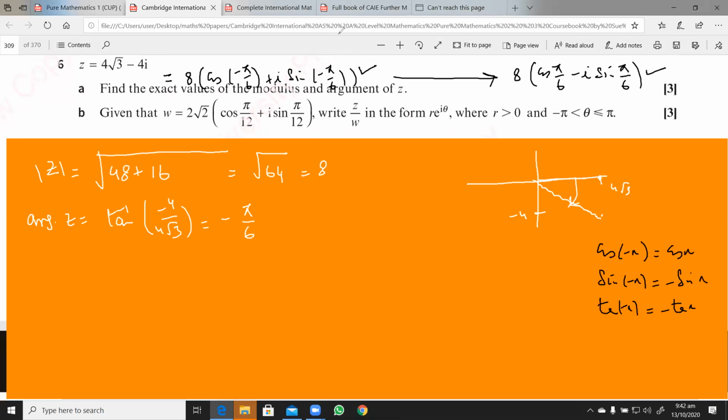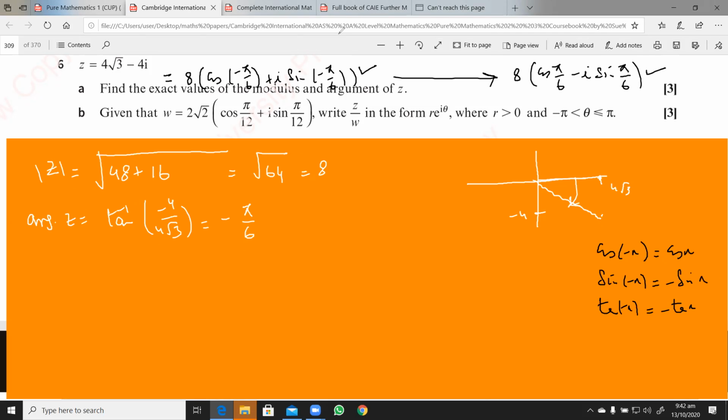The B part says z over w. So when you're dividing them, you will need to subtract the arguments. So this is going to confuse you over here if the argument is positive. So if you write this in its actual form, you will not be misled. Okay? So let's do its B part.